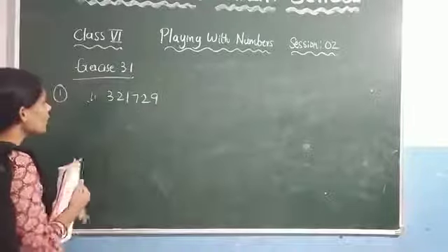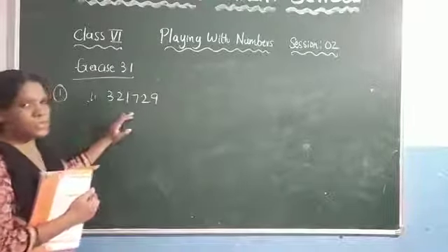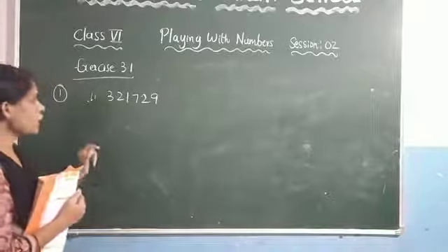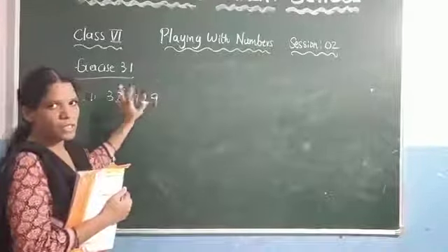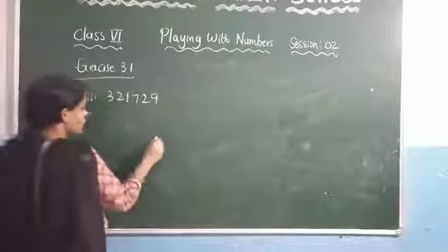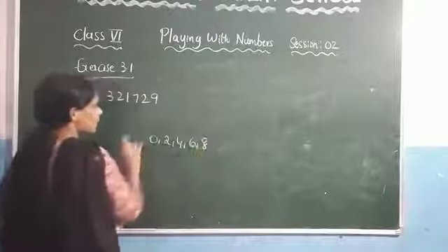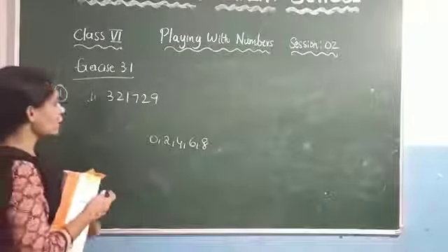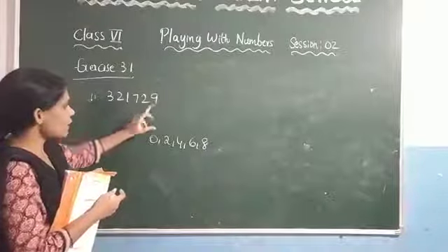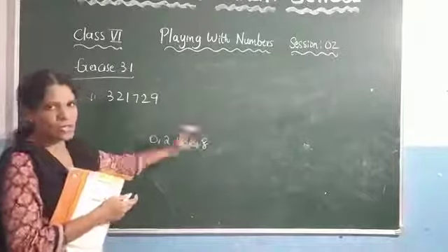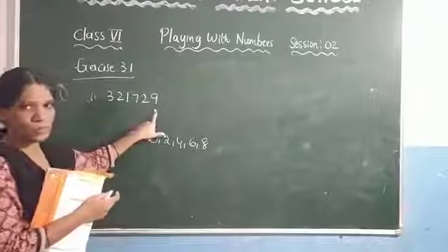So here, if you want to check whether this number is divisible by 2, what we need to do? We need to check the unit digit of a number. If the unit digit ends with 0, 2, 4, 6, 8, we can say that this number is divisible by 2. But here you can observe that the unit digit does not end with any of these numbers, so we can say that this number is not divisible by 2.